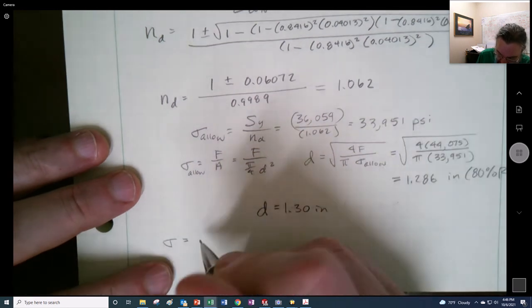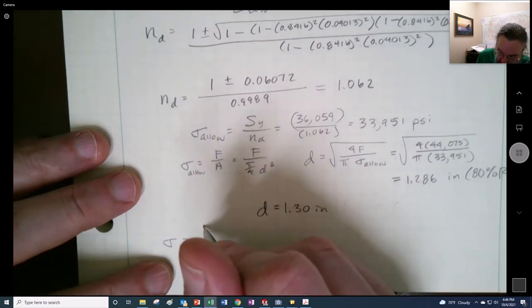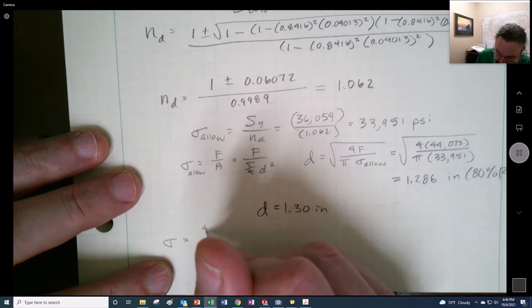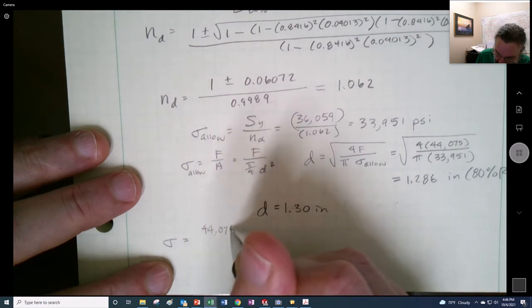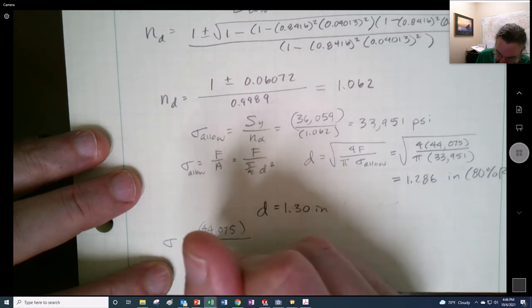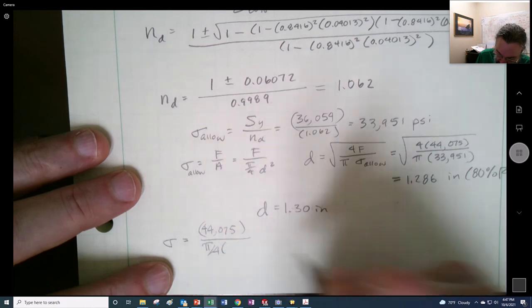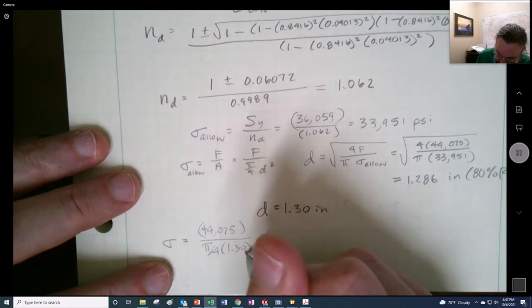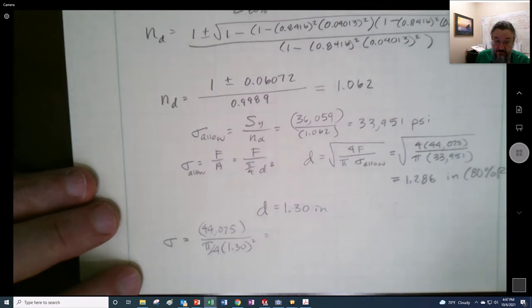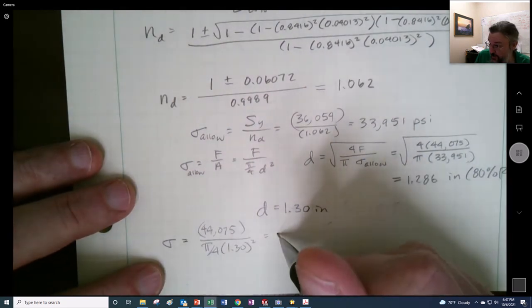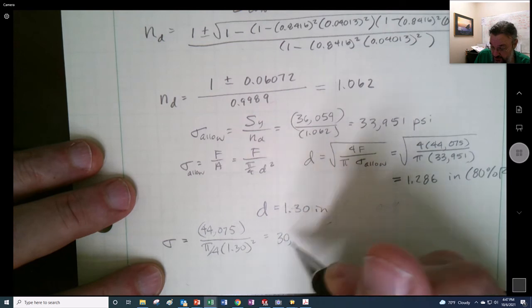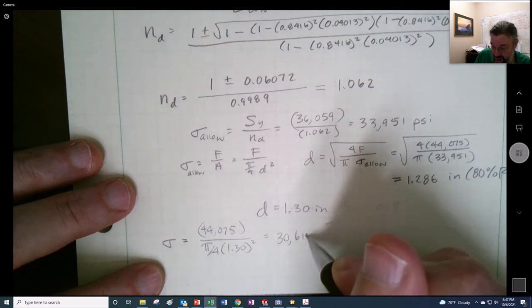So I'll figure out the stress, and I'll use my 44,075 and divide by pi over 4 and 1.30 squared, right? And if I do that, I'm saying that my stress is going to be 30,615.